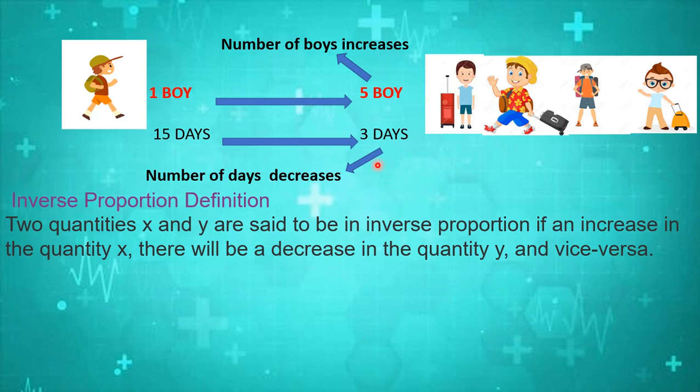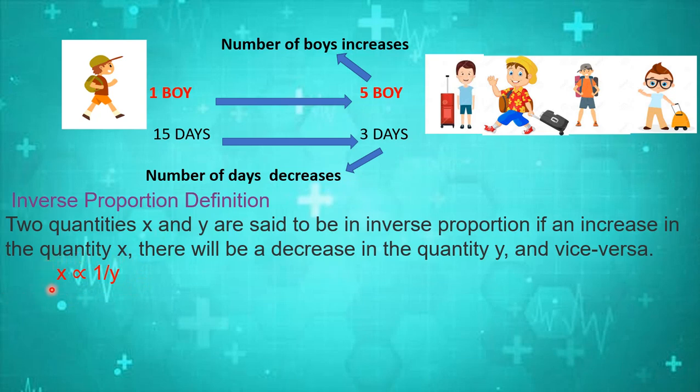That means one will increase, accordingly the second quantity will decrease, or if the first quantity decreases, accordingly the second quantity will increase. So it is a problem like this, where one is decreasing and another one is increasing, or vice versa.